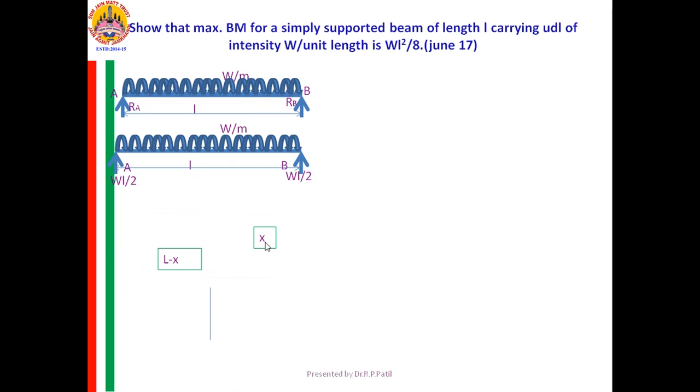See what happens. First, anyhow, you are calculating the reactions. As it is symmetrical, the reactions are equal. For your convenience, I have taken moment about B. Directly you could have written RA equal to RB equal to WL by 2.